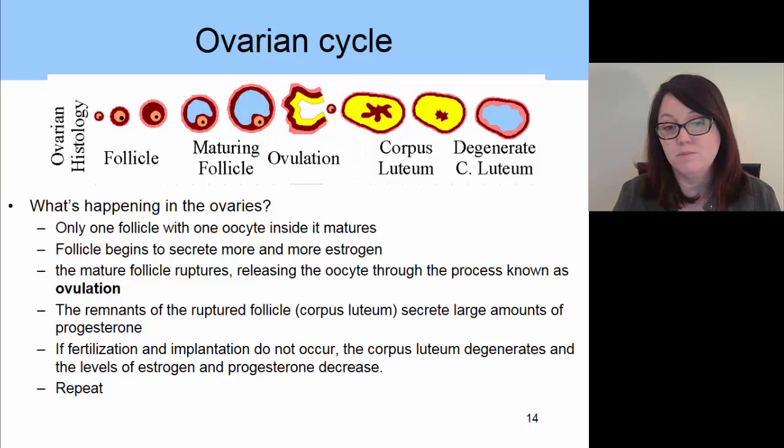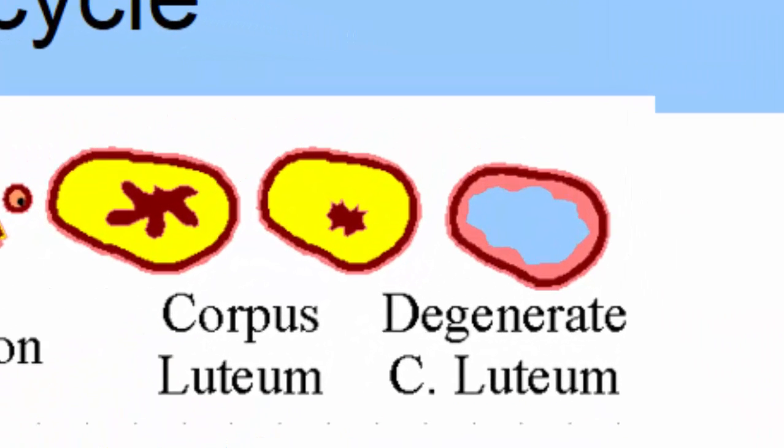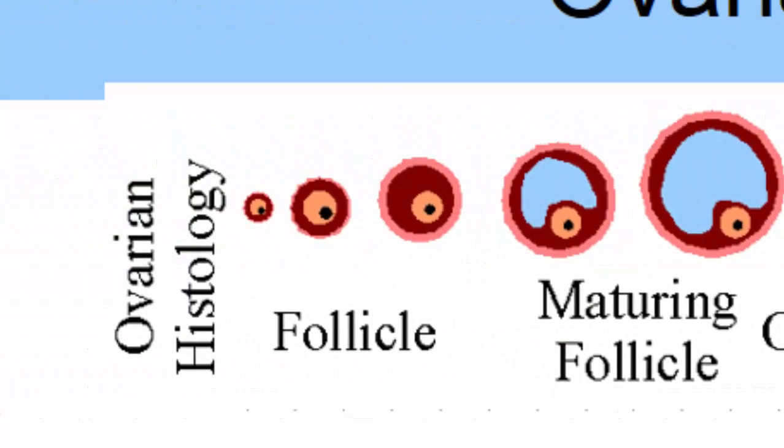The leftover bits and pieces of the ruptured follicle are repaired, forming a structure called the corpus luteum, which begins to secrete large amounts of progesterone. If fertilization and implantation do not occur, then the corpus luteum will degenerate and the levels of estrogen and progesterone will decrease. And then we go back to the beginning. One more follicle will begin to grow, and so on.